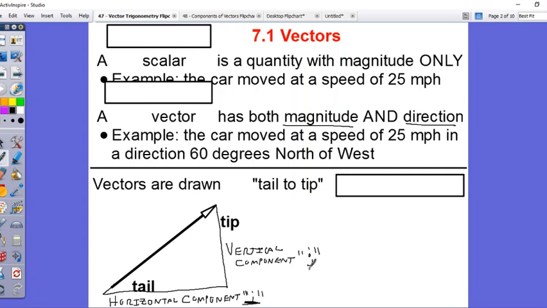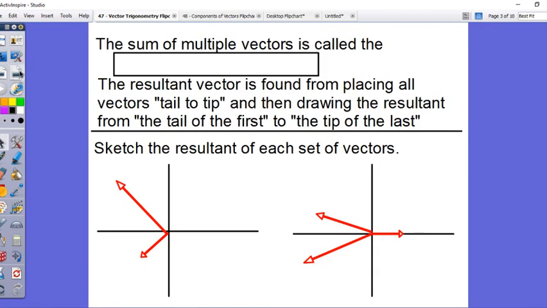They use I for horizontal components and J for vertical components. The vectors are drawn tail to tip. Okay, so let's add some theoretical vectors here.